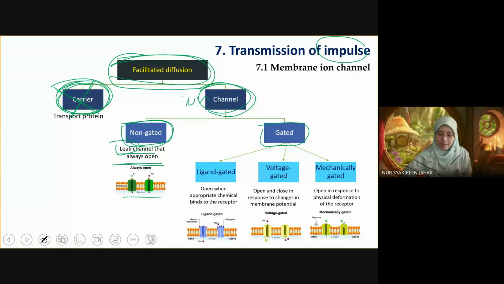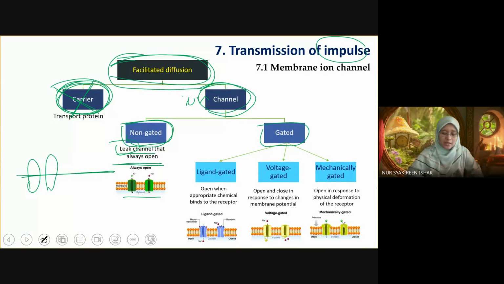Let's say for example this is a membrane. We have the non-gated ion channel, the leak ion channel. Outside is the interstitial fluid, the extracellular fluid side. Inside we have the cytoplasmic side.